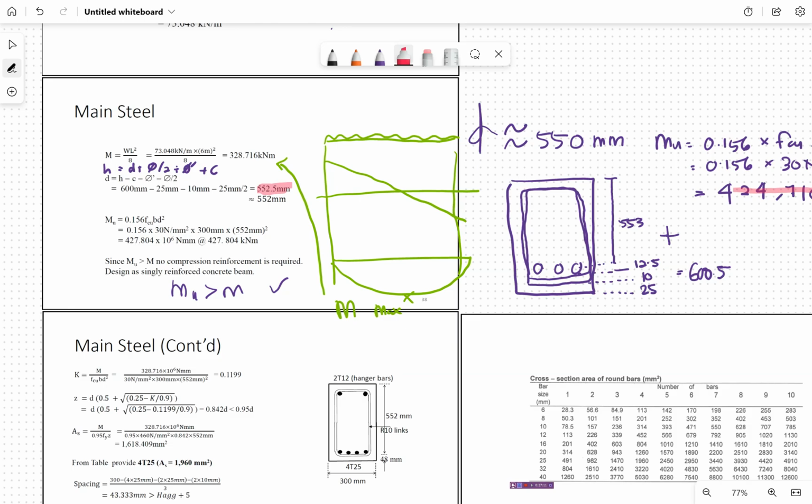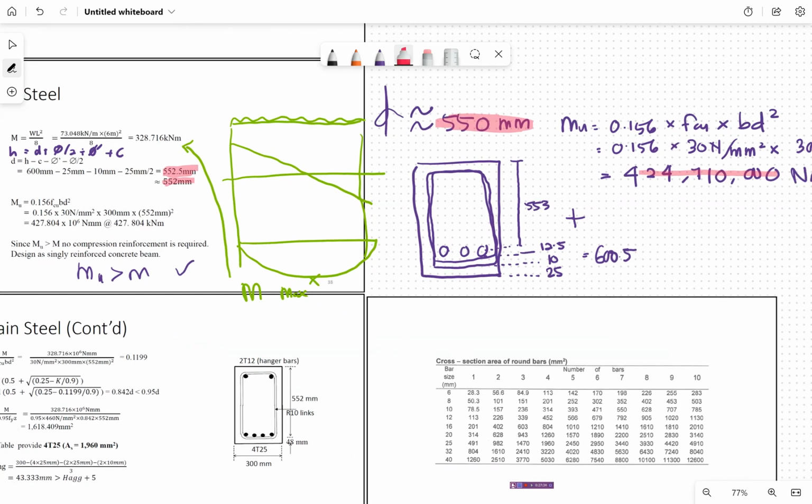Right? Nombor dia normally tepat-tepat je. Okay, so I letak 552 for my example here, ataupun you boleh juga round it down to 550. Okay, so kalau you kira even if you use 550 or 552, M masih lebih kecil dari MU ataupun MU is bigger than M.